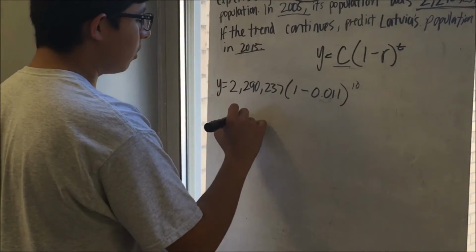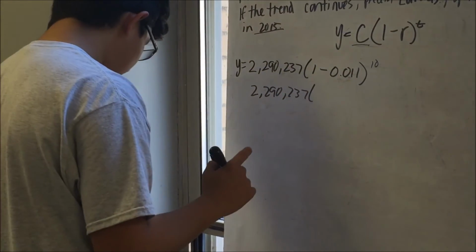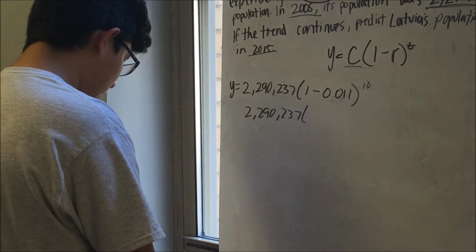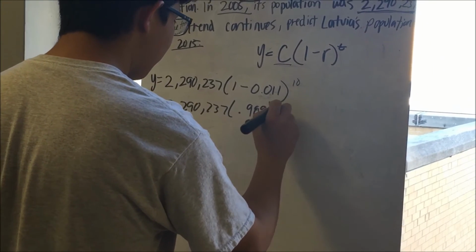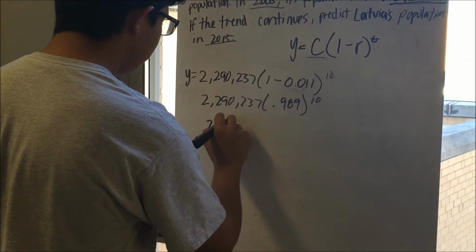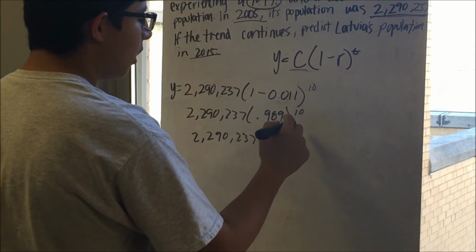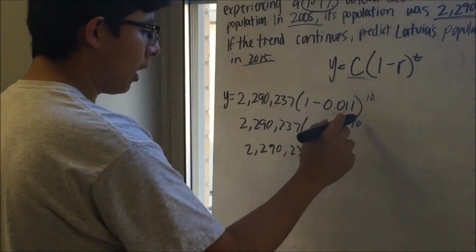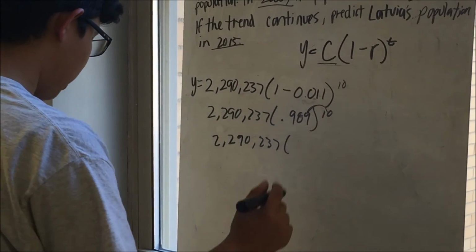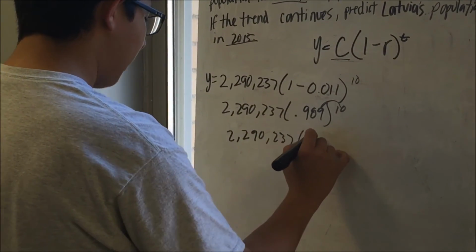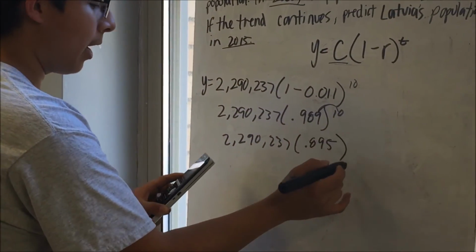Now it's going to be 2,202,937 times (1 minus 0.011), which is 0.989, to the exponent of 10, which is going to give us around 0.895.